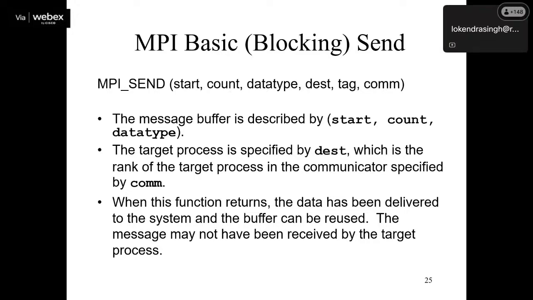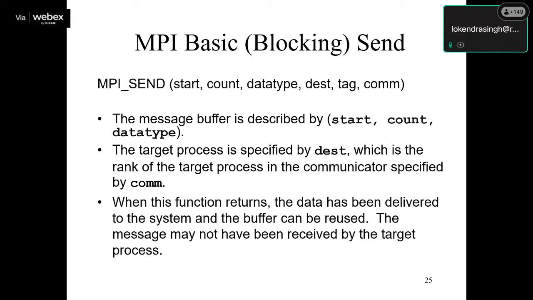The message buffer is described by start, count, data type. The target process is specified by destination, which is the rank of the target process in the communicator specified by comm. When this function returns, the data has been delivered to the system and the buffer can be reused. The message may not have been received by the target process.